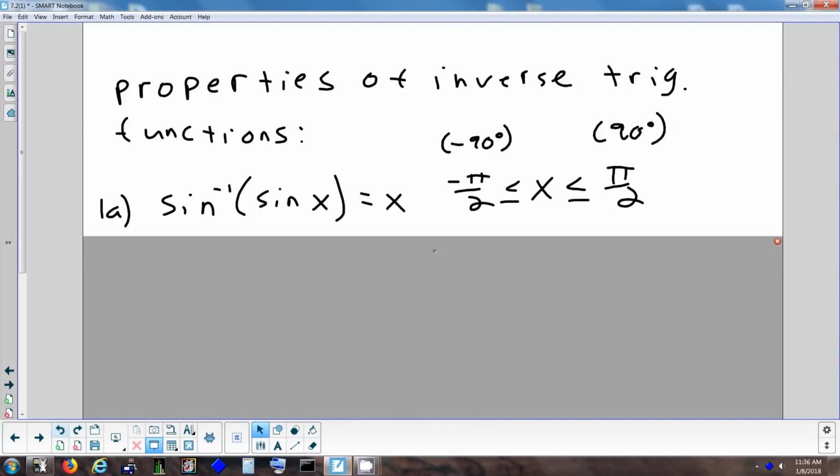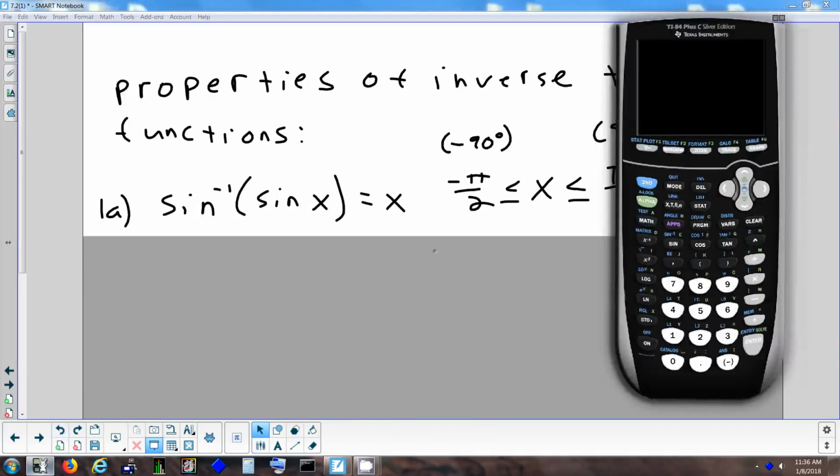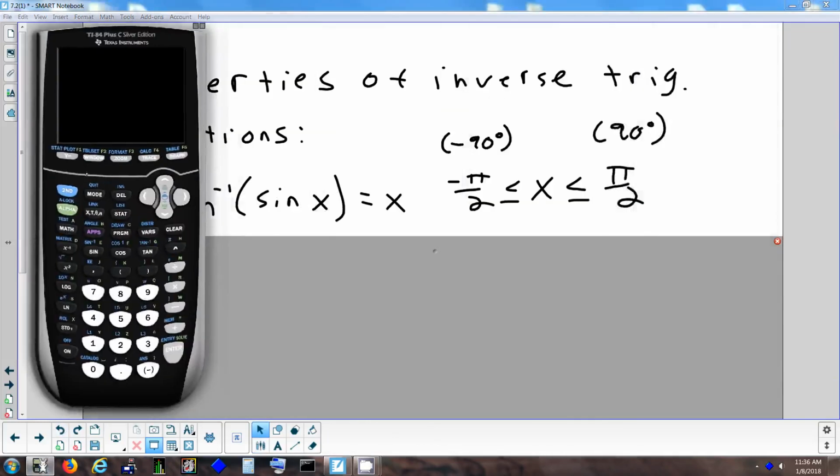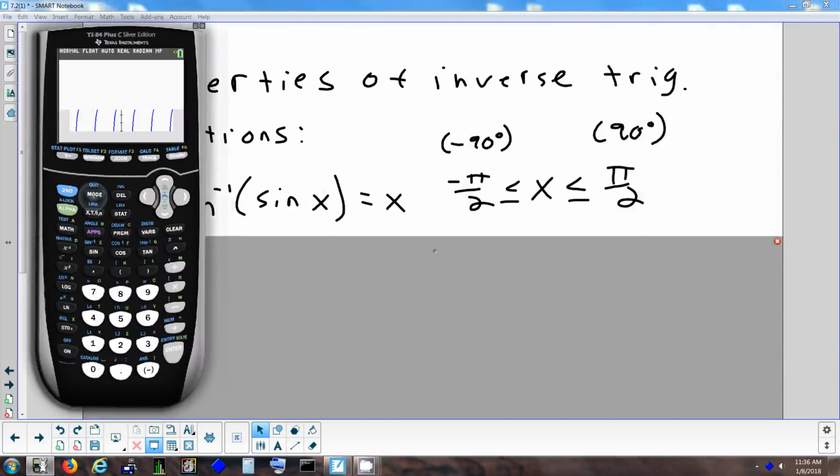Okay, let's try it. Let's take my calculator in degrees. Somebody give me an angle between negative 90 and positive 90. 3. Okay.